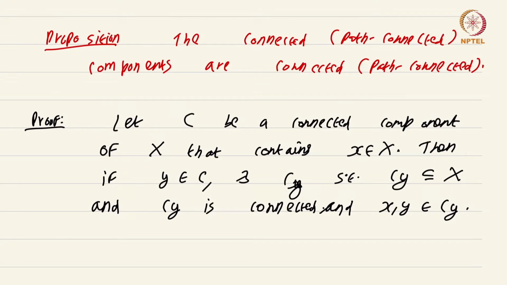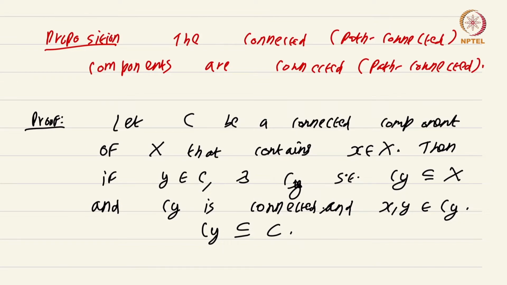So given any point x in X, and a point y in C, where C is the connected component that contains x, then we can always find a connected set Cy that contains both x and y. Now it is obvious that in fact Cy is a subset of C.